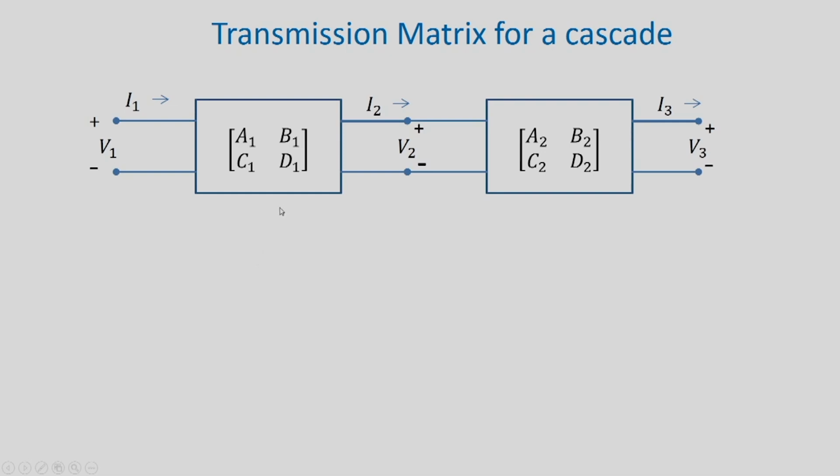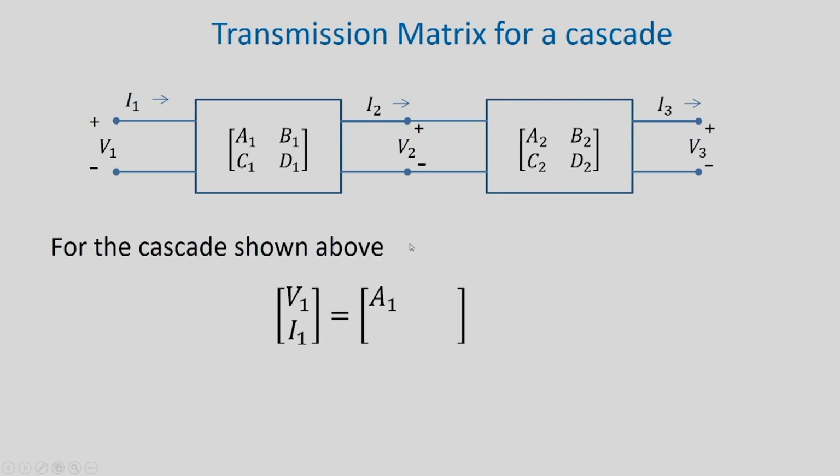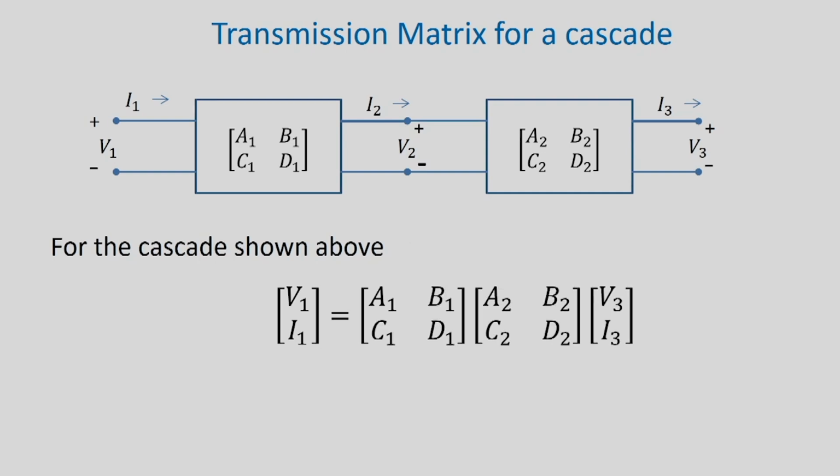So, when we have this type of a cascade of 2 ports, 2 or more, here we are showing 2, we can write the overall ABCD matrix as a product of the ABCD matrices of the individual 2 ports.